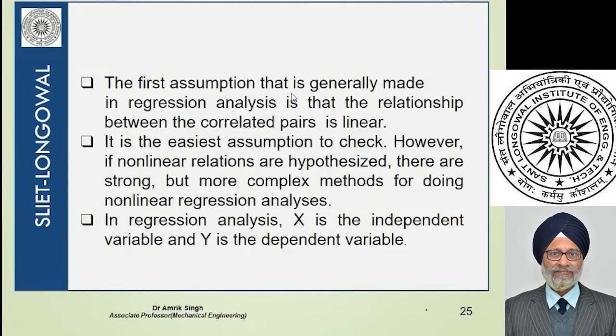The first assumption generally made in regression analysis is that the relationship between correlated pairs is linear. It is the easiest assumption to check. However, if non-linear relations are hypothesized, the model developed will be more complex, and we will try to achieve a more realistic model.